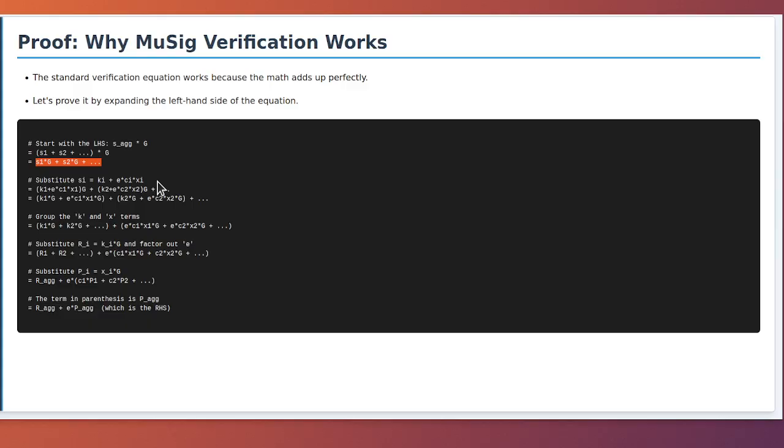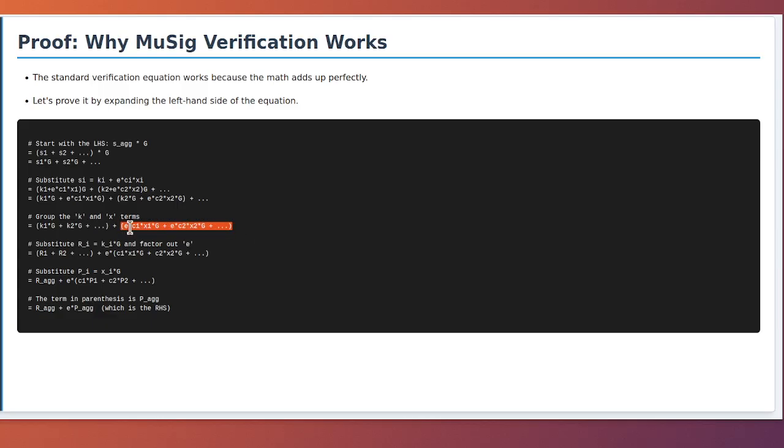Now, for each term, we substitute the definition of Si, which is Ki + E times Ci times Xi. This gives us a sum of terms that look like (Ki + E times Ci times Xi) times G. We can distribute the G again, which gives us Ki times G + E times Ci times Xi times G. Now, we can group all the Ki times G terms together and all the E times Ci times Xi times G terms together.